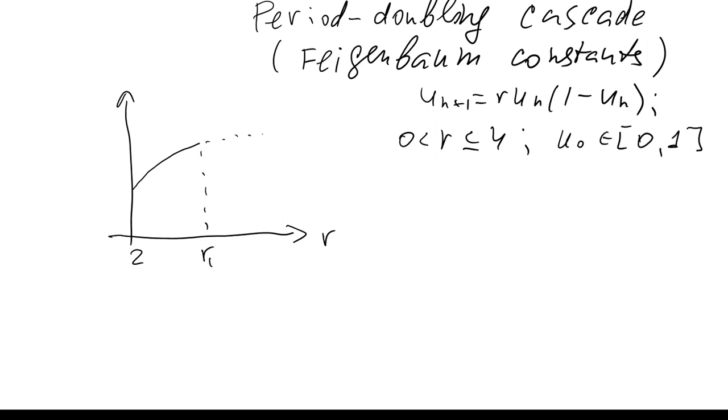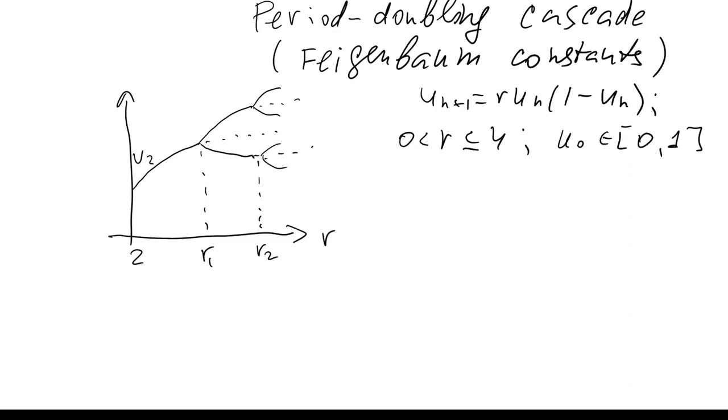So here it becomes unstable, this is of course our U2 fixed point, and a two-periodic solution appears. Then the two-periodic solution, when it appears, it's stable, but when it becomes unstable, at some value R2, we know this, what this R2 is: 1 plus square root of 6, and then they become unstable, and four periodic solutions appear.